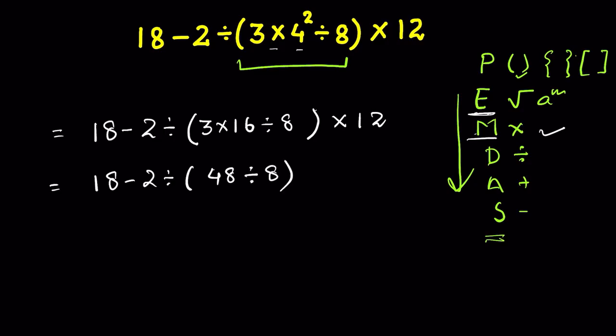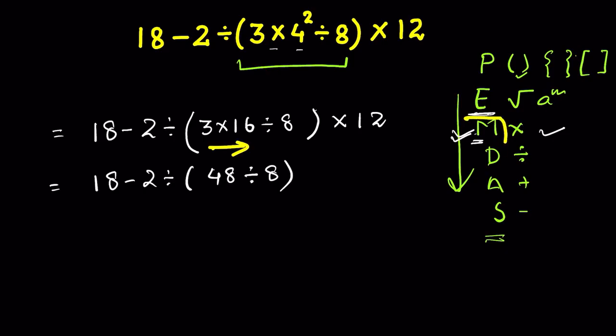Now remember that although multiplication is written first in the rule and then division, and in the question also there is multiplication and then division, we are doing multiplication first not because it is written first in the rule, but because from left to right we have multiplication first.